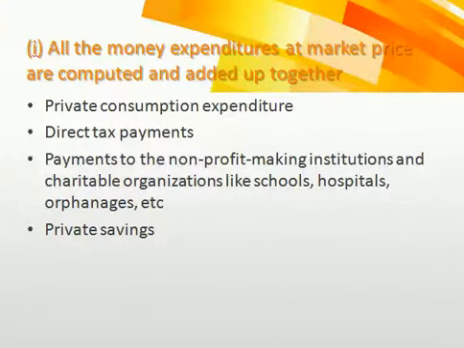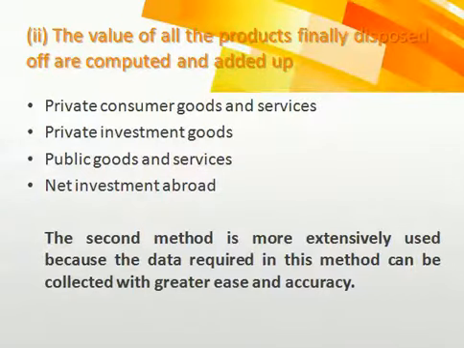Second point is that the value of all the products finally disposed of are computed and added together. In this, private consumer goods and services, private investment goods, public goods and services, net investment abroad. So once the raw material of a product is taken, it is traded to a company that manufactures that product.